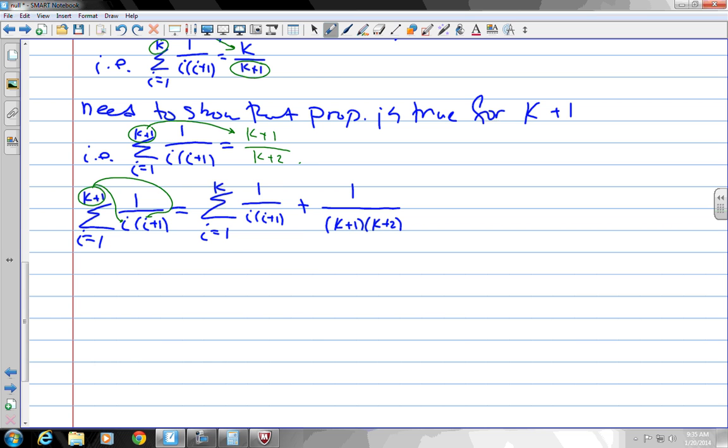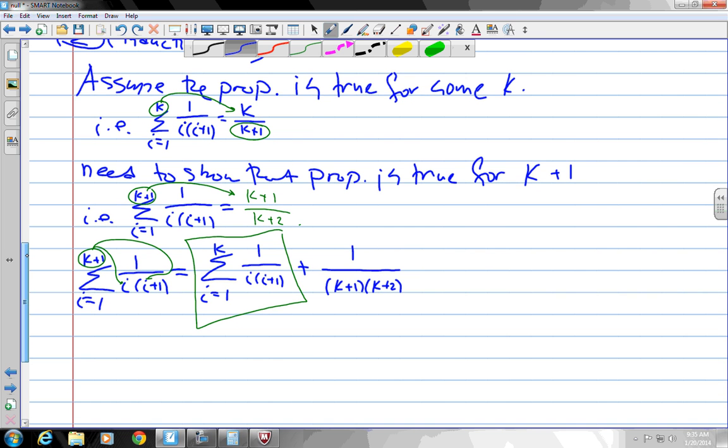And again, the reason why this is helpful is because this is our assumption. I know what that equals by our assumption, and then I'll just have to add a few fractions. Because by our assumption, I can replace this statement right here with k over k plus 1.